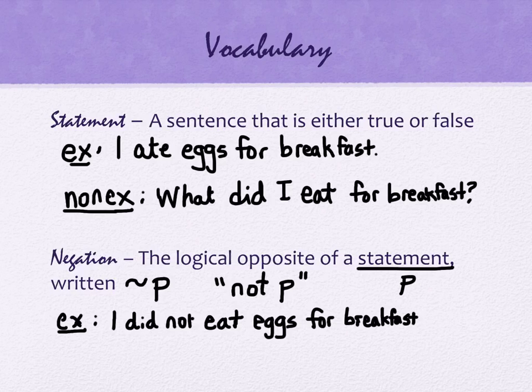Notice, it does not say, I ate cereal for breakfast. So we want to change the very littlest bit possible when we're creating a negation to make something false. And we'll talk more about negations in a moment because they do get trickier than simply putting the word not into something, okay? This kind of statement is very simple to create the negation for. We just say it with a not in the middle of it. I did not eat eggs for breakfast.